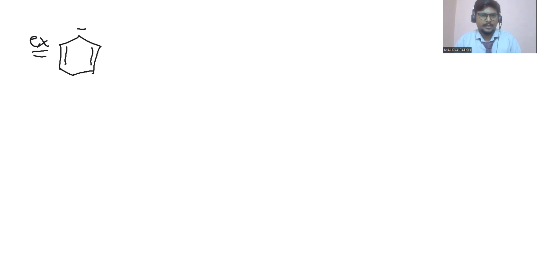This one. Okay, so pi sigma charge sigma pi sigma sigma, so continuously sigma sigma is present, that's why it is not satisfied. Cyclic is this, but conjugation is not satisfied, so obviously it is not aromatic.